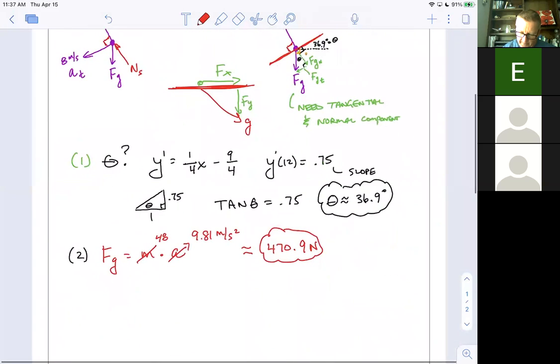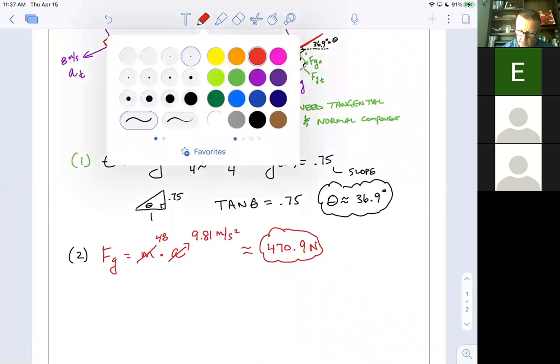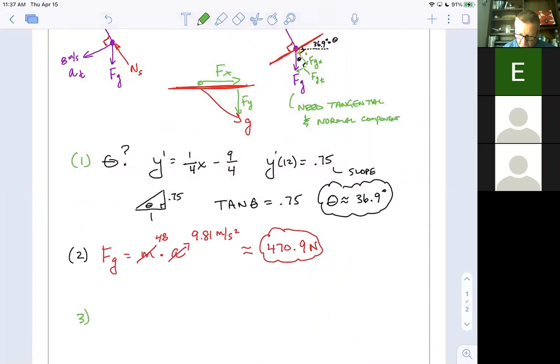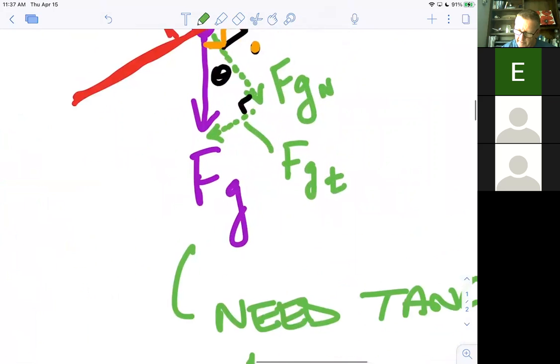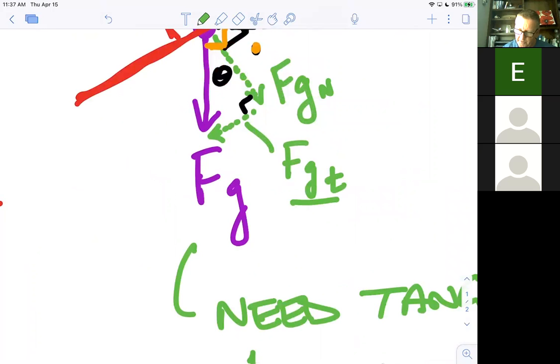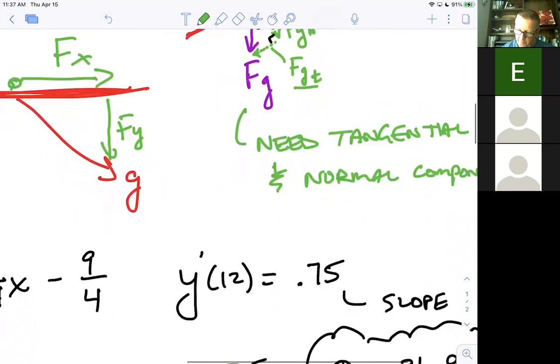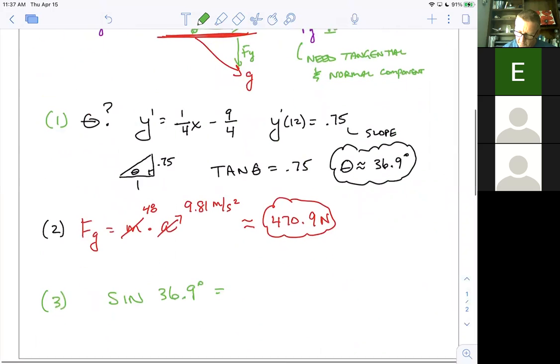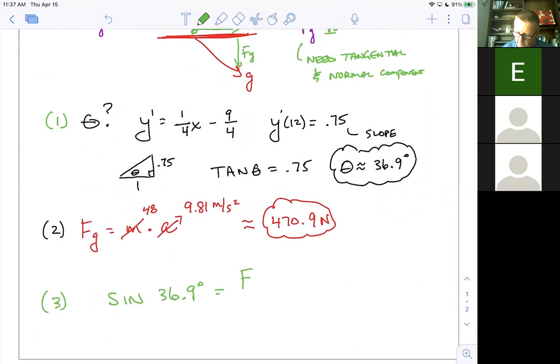So I can say a few things. The sine of theta, which for us is 36.9, would equal the opposite, that's the force of gravity tangent, divided by the hypotenuse, which is the force of gravity. So the force of gravity tangential divided by the force of gravity.